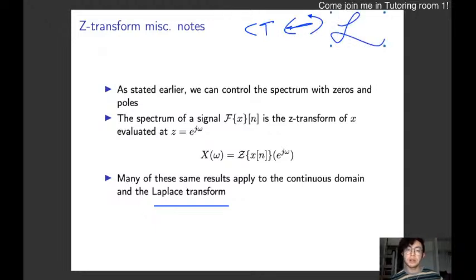If we're working in discrete time, then we want to use the Z transform. I'm just going to quickly flash the results for the Laplace transform because that's not really the focus of this exam for the most part.